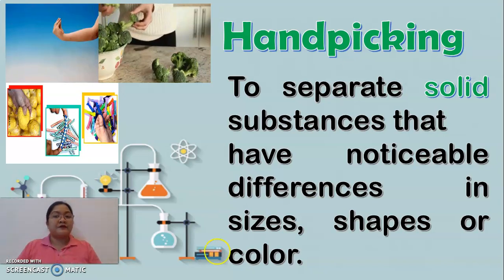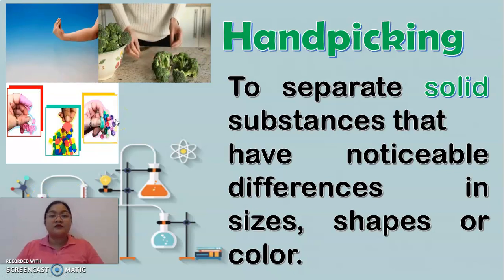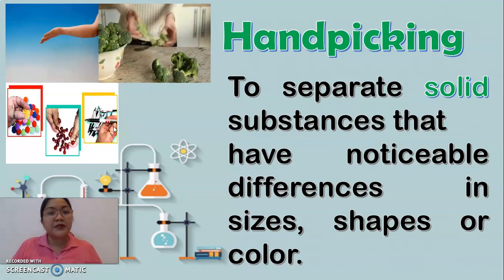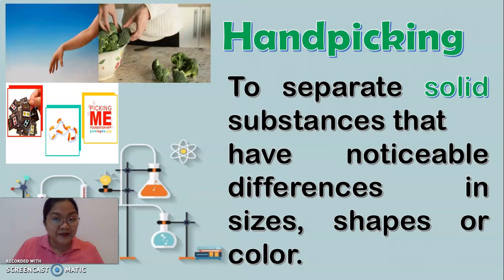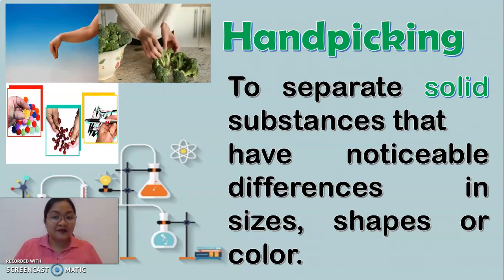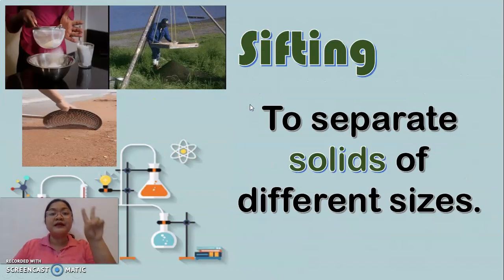Yes. Very good. How about toys? If I have Legos, do you know Legos? If I have green, blue, and red Lego, can I use hand picking to separate them? Yes or no? Very good. Yes.